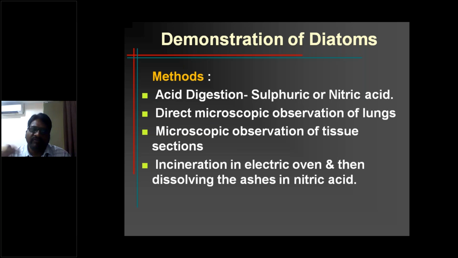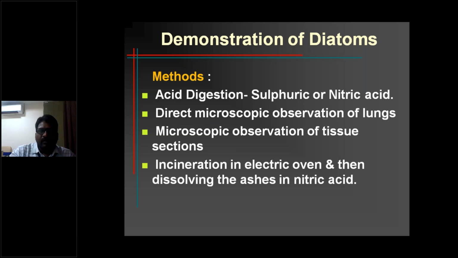After that, they can have direct microscopic exploration of the lung, microscopic exploration of the tissue sections, and incineration in an electrical oven, and then dissolving the ashes in nitric acid. Whatever it may be, these are the methods to demonstrate the diatoms.